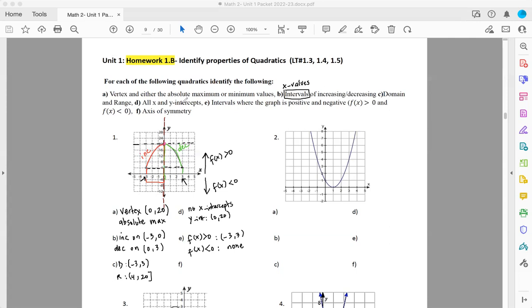In this case, it's this virtual brown line. So I need an equation for it. Because this line is vertical, meaning that it cuts the x-axis, the equation for this line is x equals 0. We call that the axis of symmetry, or A.O.S. So just keep that in mind. If you see A.O.S, that means it's an axis of symmetry.